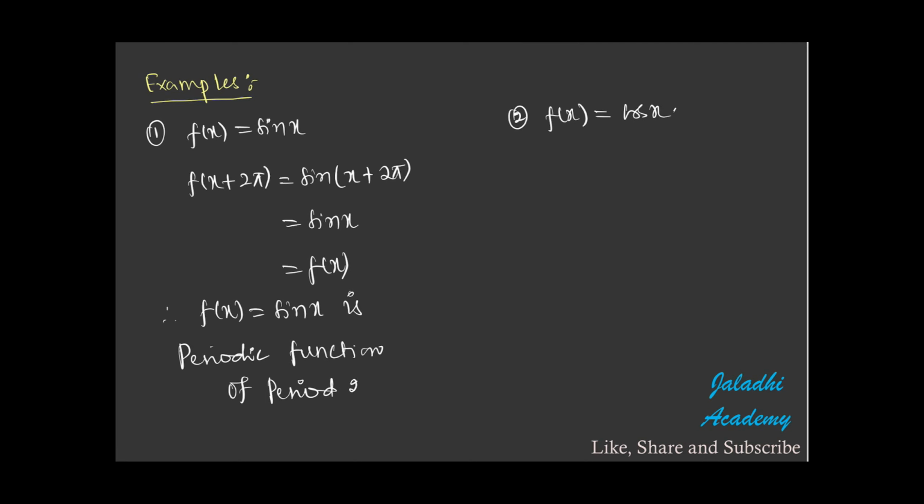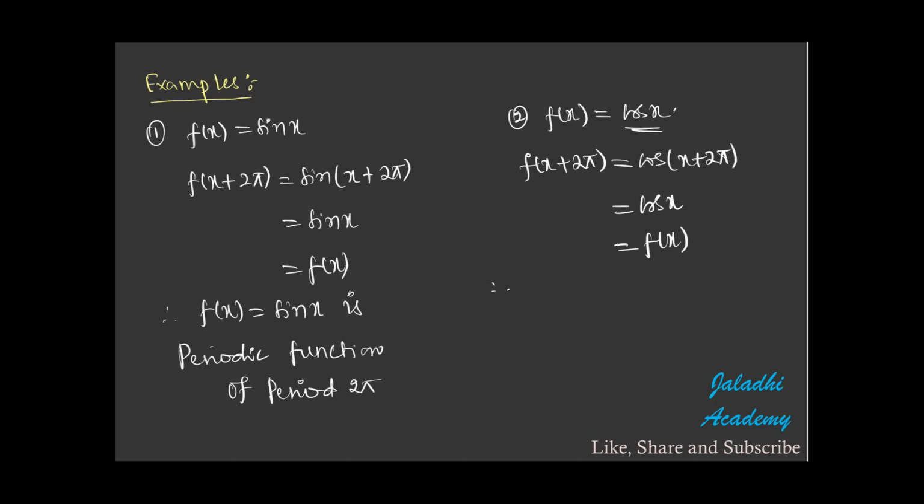Similarly, if we consider f of x plus 2 pi in the case of the cosine function, f of x plus 2 pi is equal to cos of x plus 2 pi. So we get again cos x, we got it as f of x.